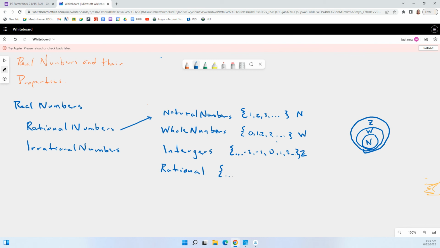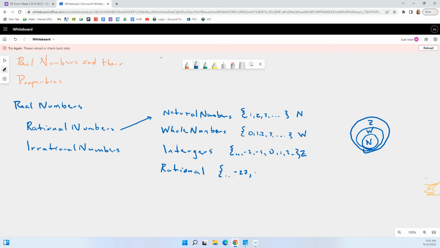The rational numbers are any numbers that can be written in the form of a fraction, right? A non-repeating fraction. So if I have -27, well, that can be written as -27 over 1. So that can legitimately be written as a fraction, right? So every whole number is a fraction, right? Because we can write it over 1.